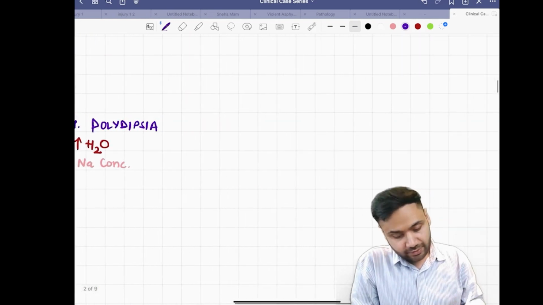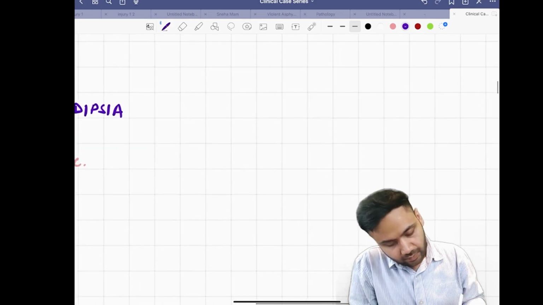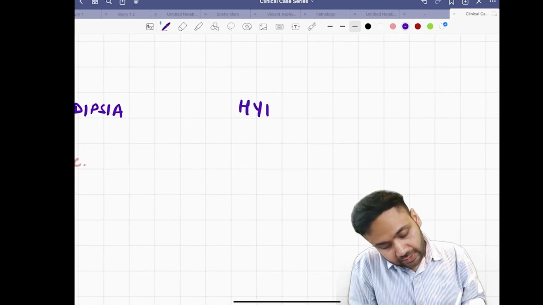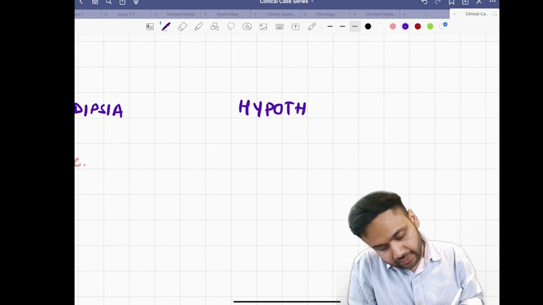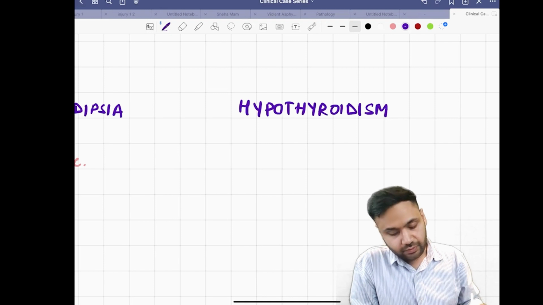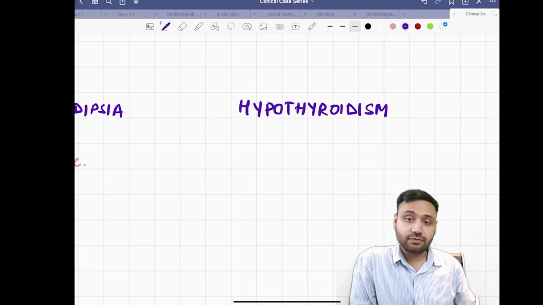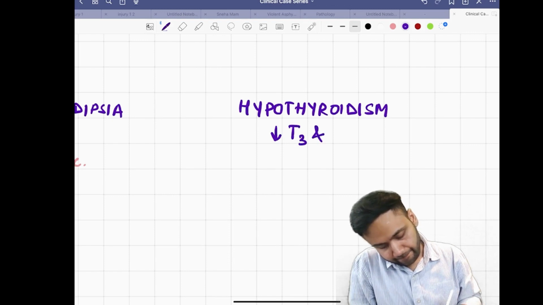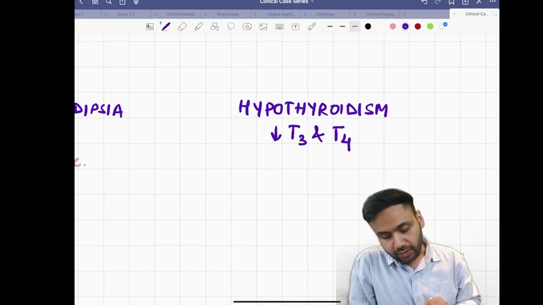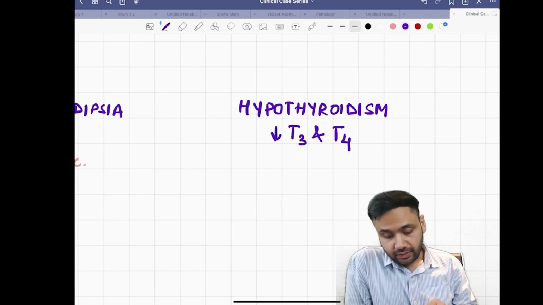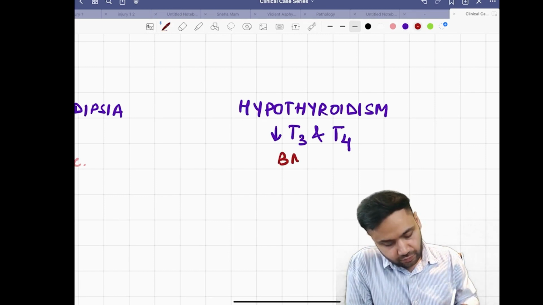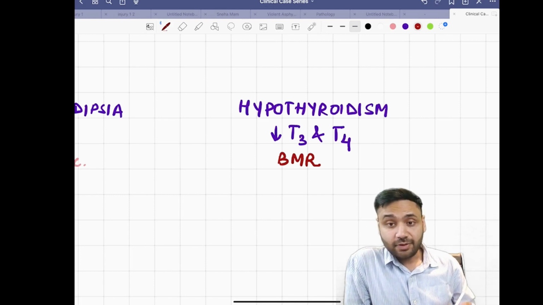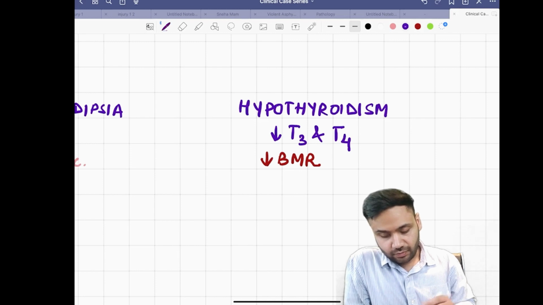So, for hypothyroidism, the circulating levels of thyroid hormones, especially free T3 and T4, decrease. Now, when these hormones decrease, the basal metabolic rate falls, resulting in slowing down of the body.